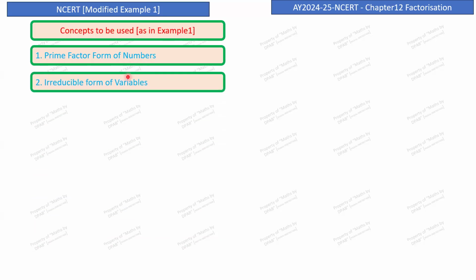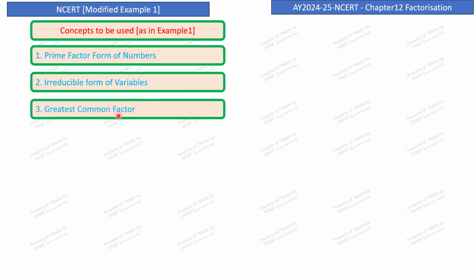And in the same way, instead of prime factor form, we call it irreducible form in case of variables. Like a square can be written as a into a. Is there anything else possible to write a square as, other than a into a? No, it is not possible. So a into a is the irreducible form of the variable term a square.